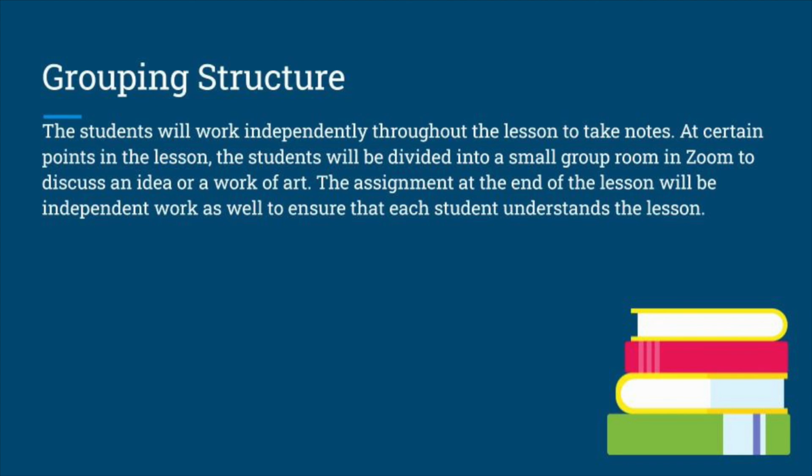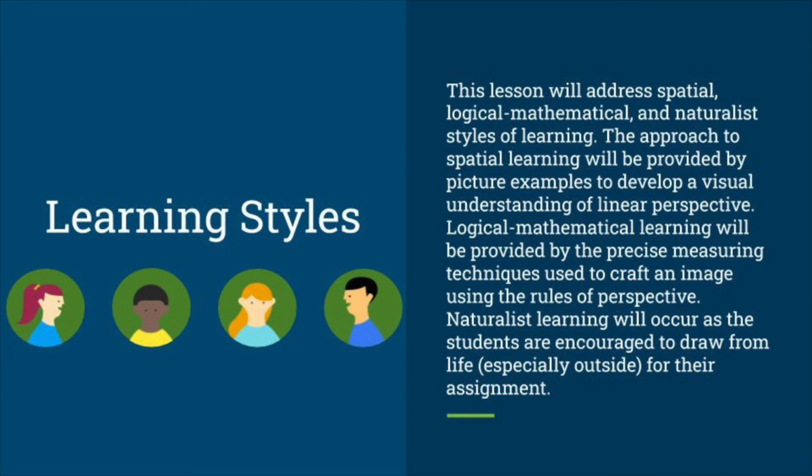The students will work independently throughout the lesson to take notes. At certain points in the lesson, the students will be divided into a small group room in Zoom to discuss an idea or a work of art. The assignment at the end of the lesson will be independent work as well to ensure that each student understands the lesson. This lesson will address spatial, logical, mathematical, and naturalist styles of learning.